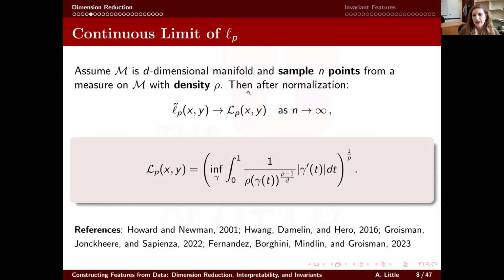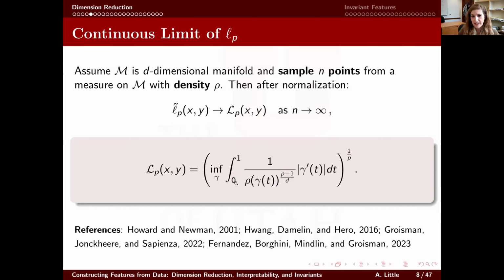Then with an appropriate renormalization, you can show this discrete path distance converges to the following continuum limit, where the distance between x and y is computed by taking the infimum over all paths along the manifold connecting the points.